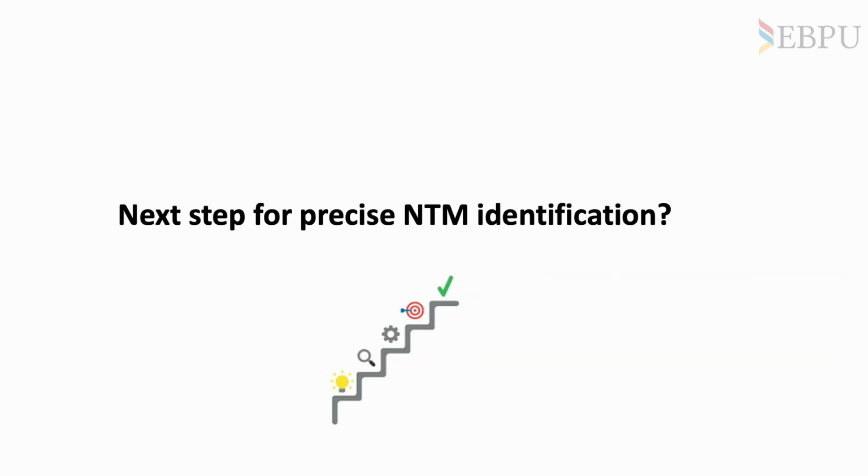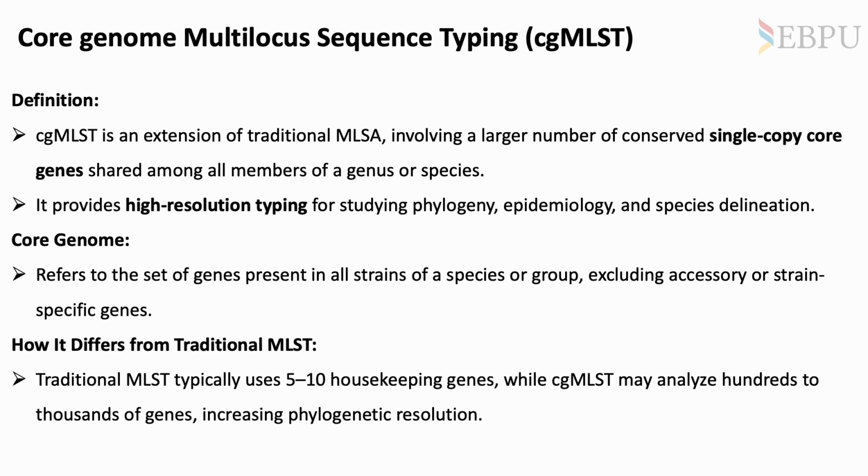So what is the next step for precise NTM identification? Core genome multi-locus sequence typing, or cgMLST. cgMLST expands on traditional MLST by analyzing hundreds to thousands of conserved single-copy genes, far beyond the 5 to 10 genes used in the classic scheme.